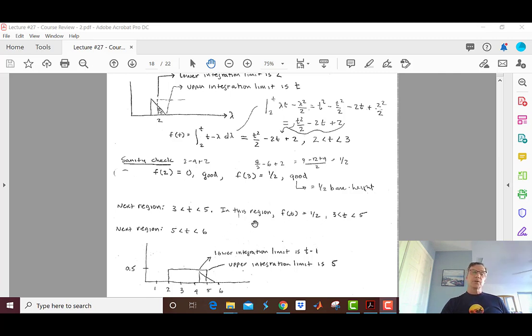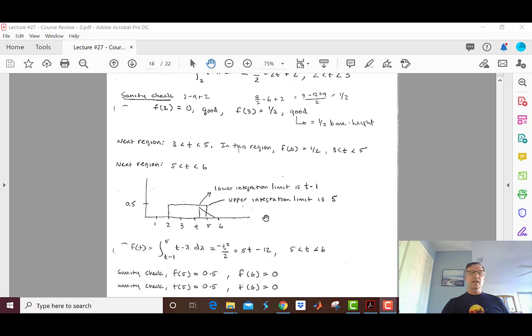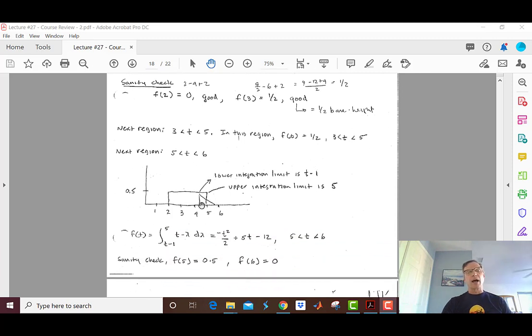So the next region begins at t equals 5, or in other words, when the nose of my little sliding triangle hits the 5. And in this region, my lower limit of integration is going to be t minus 1, because the lower limit is going to be 1 unit below t on the lambda axis.